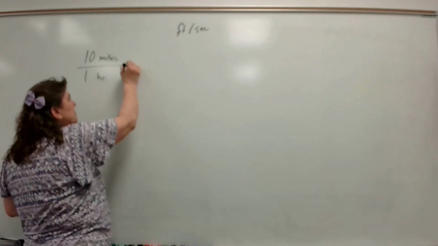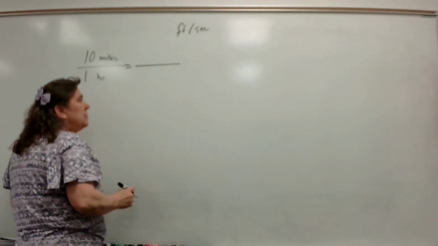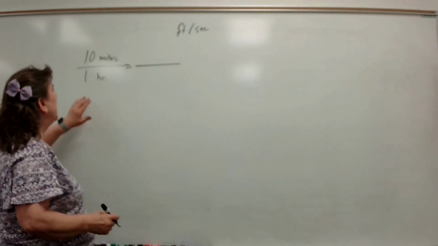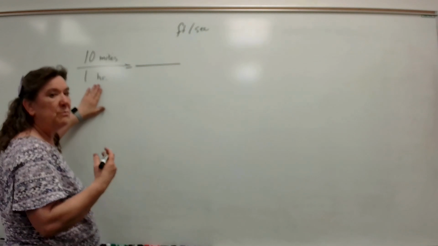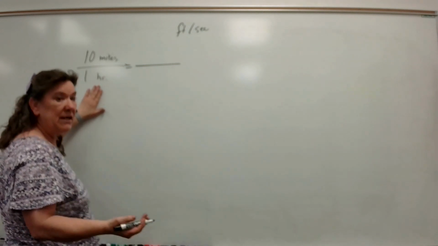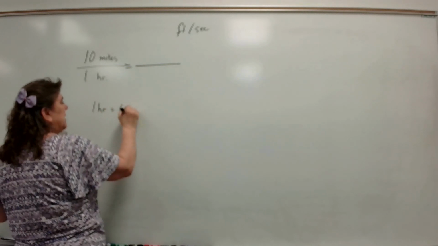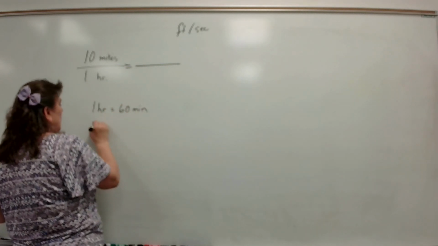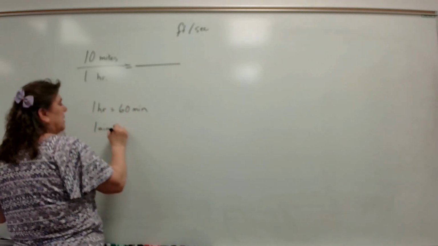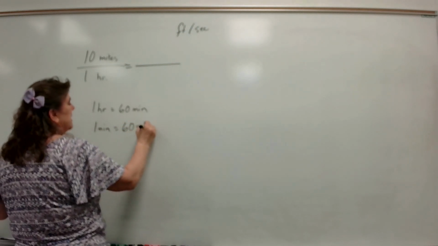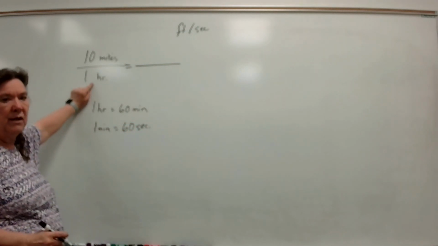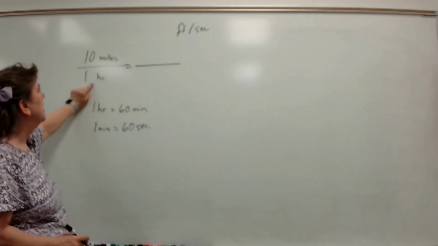So the first thing I have to do is my equivalencies. I can do hours to minutes and then minutes to seconds, right? Because 1 hour equals 60 minutes and 1 minute equals 60 seconds.